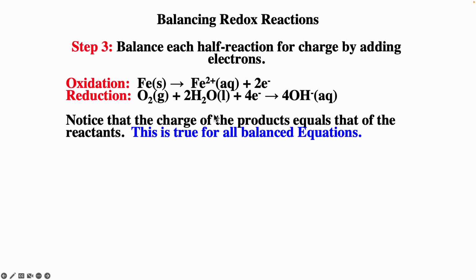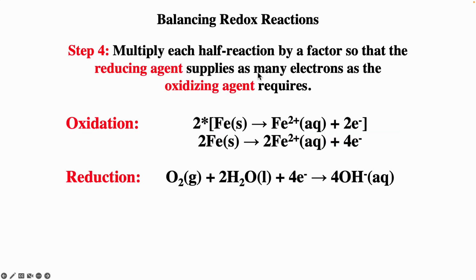Now the next step, we got to make sure that we have the same number of electrons in the oxidation half reaction and the reduction half reaction. Remember, for redox reactions, you have just a transfer of electrons from one thing to another thing. And so the oxidation half reaction and reduction half reaction have to have the same number of electrons. And so if we multiply this top reaction times 2, then we'll have 4 electrons.